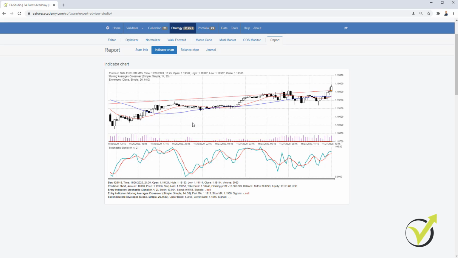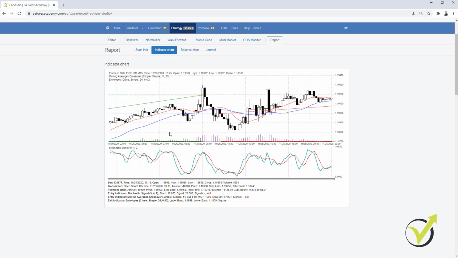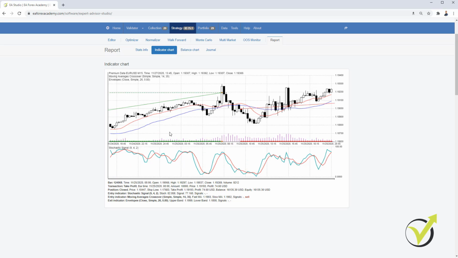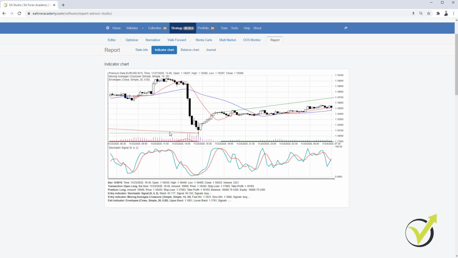Let me click on the indicator chart and I will show you what we have. If I just look for the first trade, let me find the first long trade so it will be easier for you to understand. Okay, here it is. The stochastic line crosses the signal line downwards, and at that time the fast moving average is below the slow moving average.